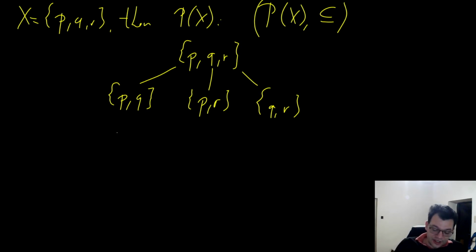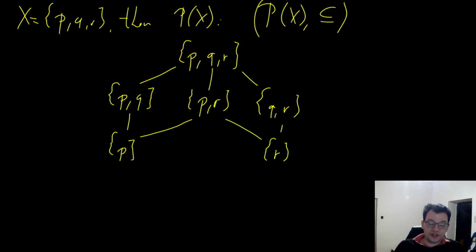And of course it has some more elements. For example, this {p} here is a subset of {p,q} and it's a subset of {p,r} as well. We also have this {r} here, which is a subset of {p,r} and {q,r}, but it's not a subset of {p,q}. That's why I'm not drawing a line. This part of the diagram depicts that {r} is smaller than or equal to {q,r} because there is a path leading there. It's a subset of {p,r} because there is a path leading there.